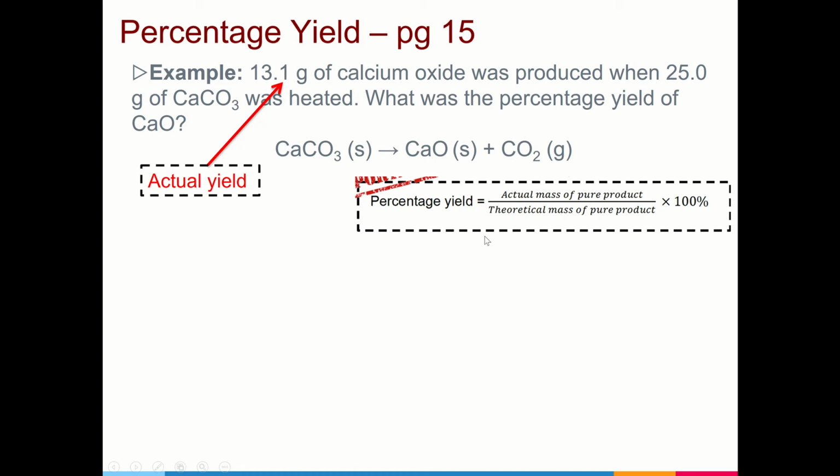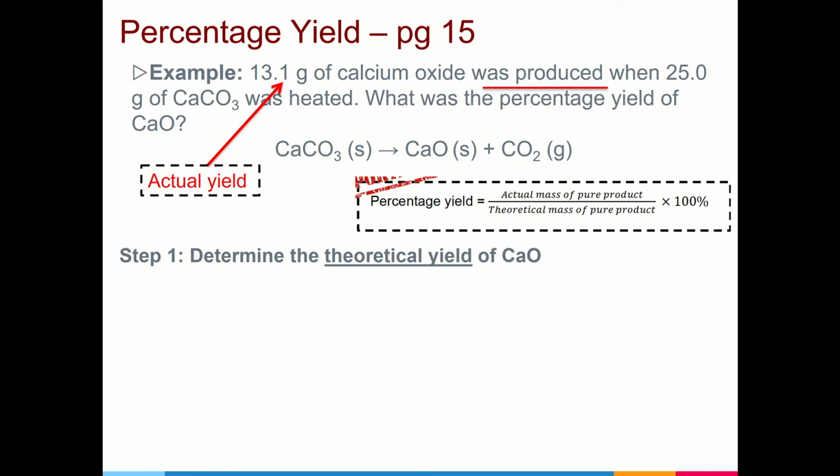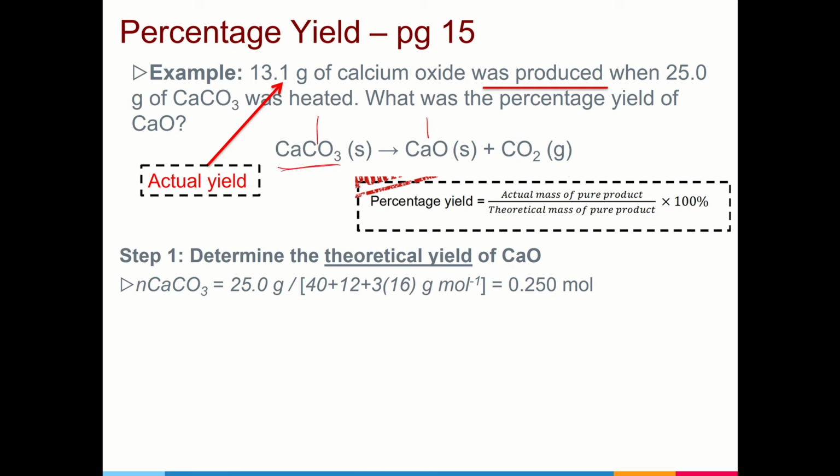I want to determine the theoretical yield. So how to calculate? Actually, it's the same as what you have learned previously. I use 25 gram to find the number of moles. 1 mole of this will produce 1 mole of this, so I need to find the number of moles of this first.